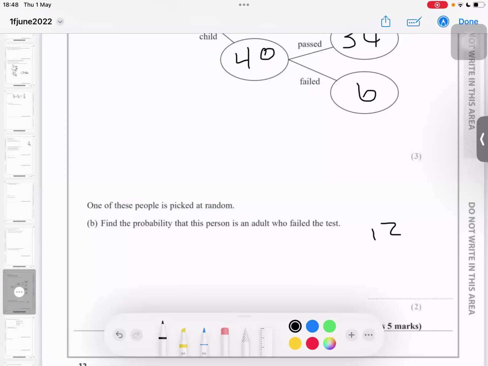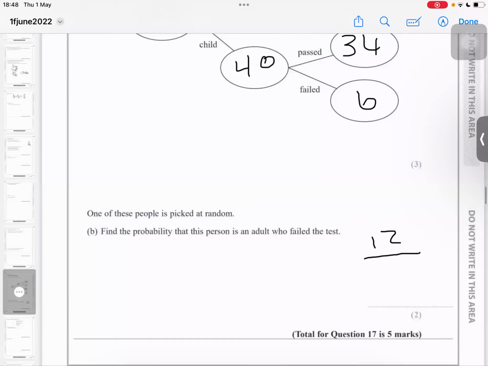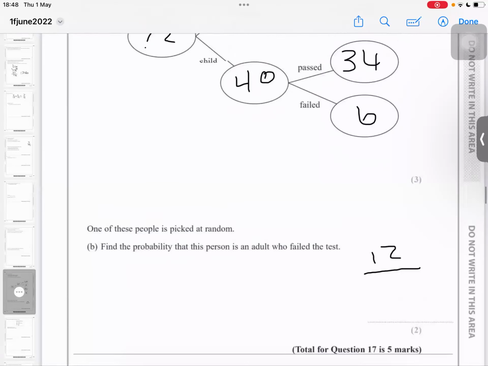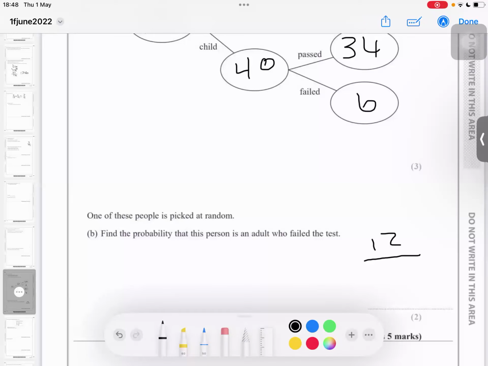So that means number of required events and number of possible events. That's going to be 12 over 72.